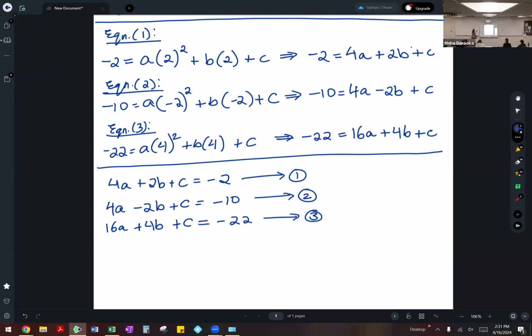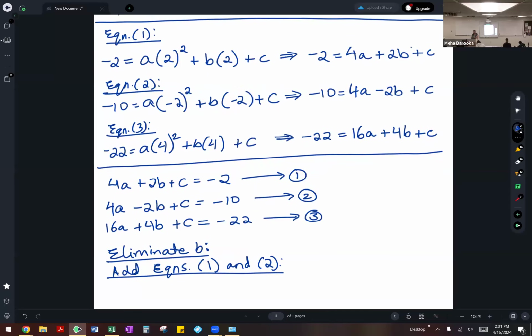You've got with equation 1 and 2, positive 2B, negative 2B, which is great because we don't really even have to multiply with anything. So yeah, let's start by eliminating B. And to do this, we will basically just add equations 1 and 2. We don't have to multiply them.